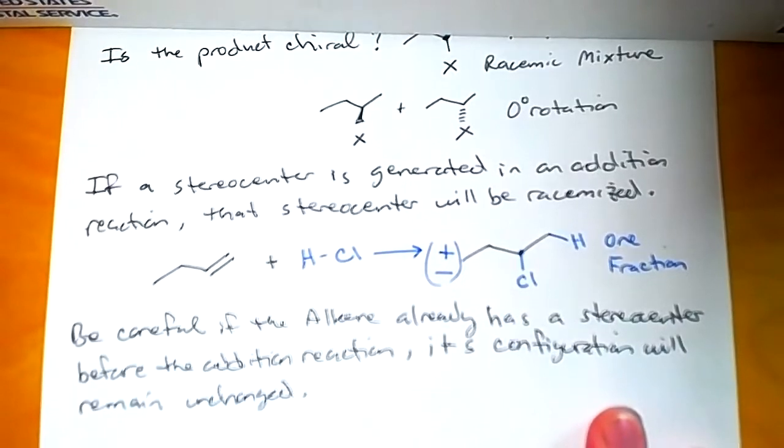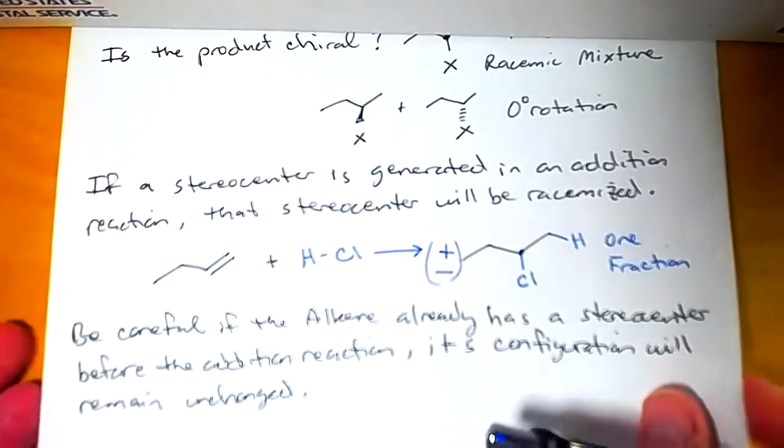And so if you were to generate a new stereocenter, then that stereocenter would be racemized, but the other one would stay the same, and that affects the nature of the two products that are produced.